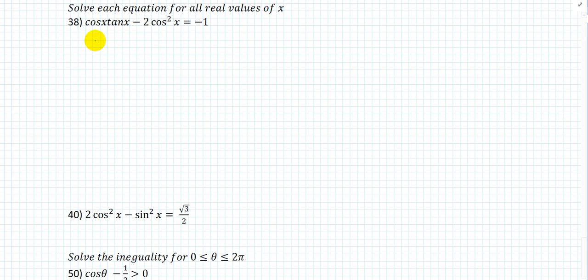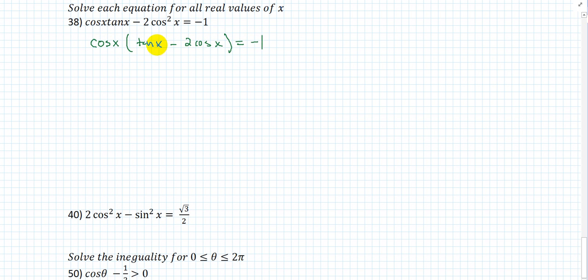Let's see what happens. Whether this works or not, it's good practice to try different things and see what happens. Here I have cosine x tangent x minus 2 cosine x equals negative 1. That really doesn't help me at all.